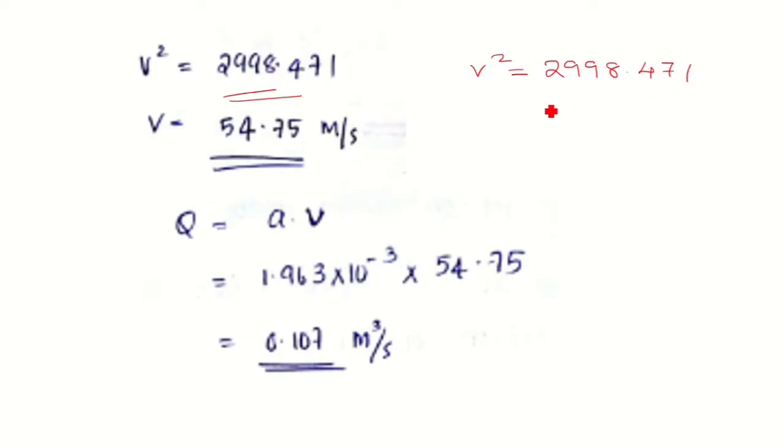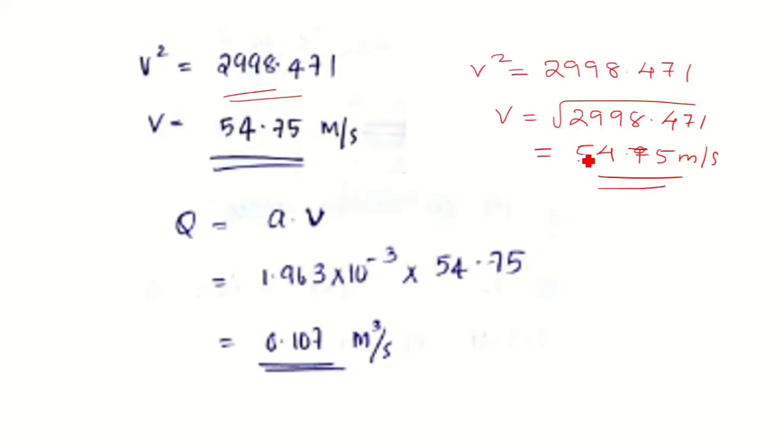Taking the root of 2998.471, the value will be 54.75 meter per second.